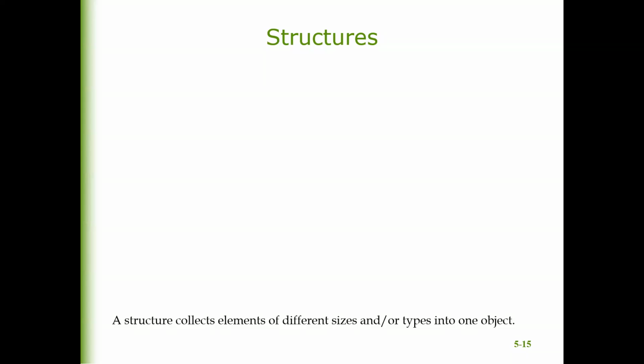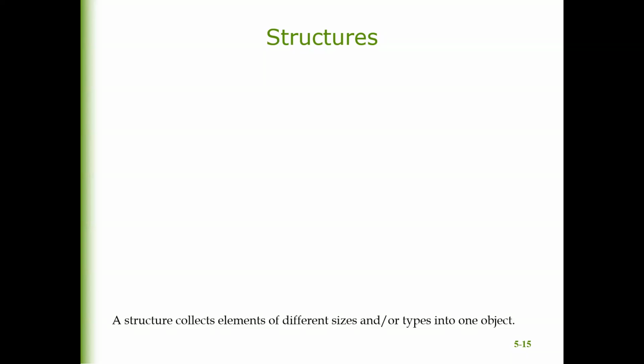For example, for an array, we can only save the same data type. All of them have to be the same data type. But for a struct, we can have multiple different data types.